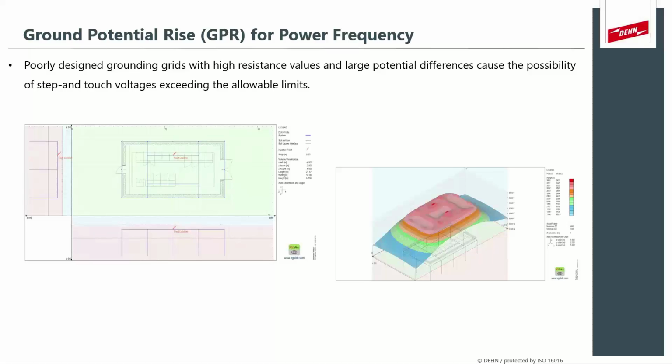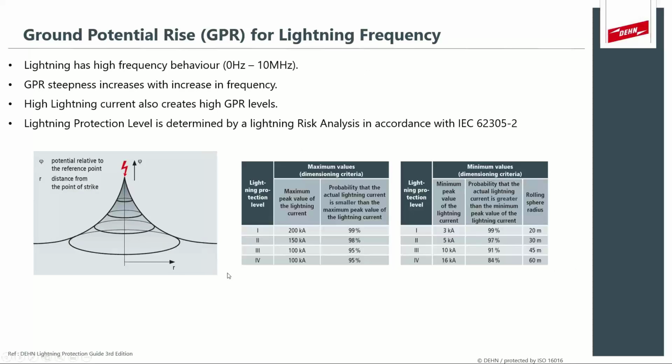Now that's the challenge with lightning. Lightning creates an extremely high voltage gradient. And that's why a system that is designed to be safe for 50 or 60 hertz at power frequency might not be safe against lightning frequency.